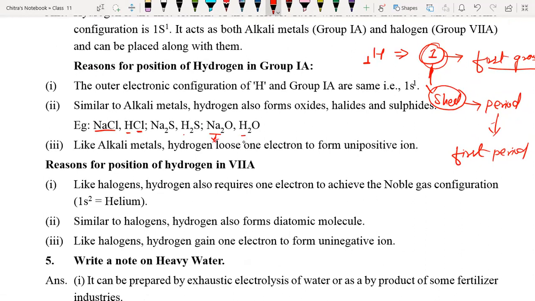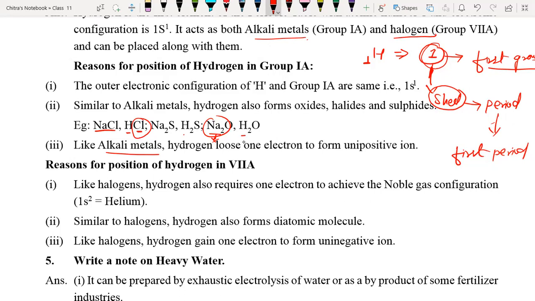So they show similar properties as first group elements as well as 17th group elements, like alkali metals as well as similar to the halogens, means elements of group 17.